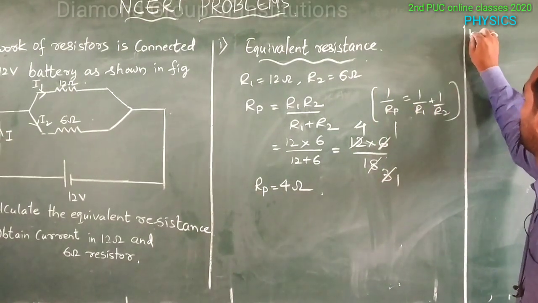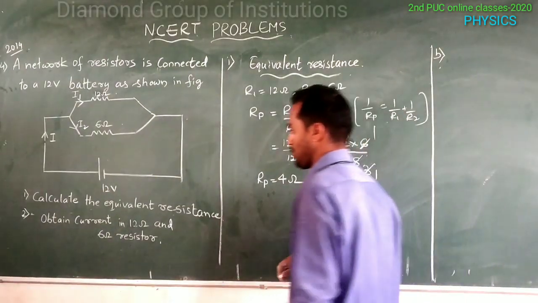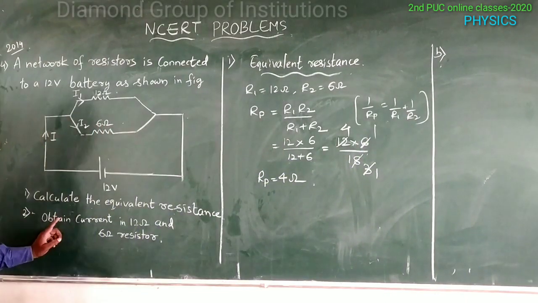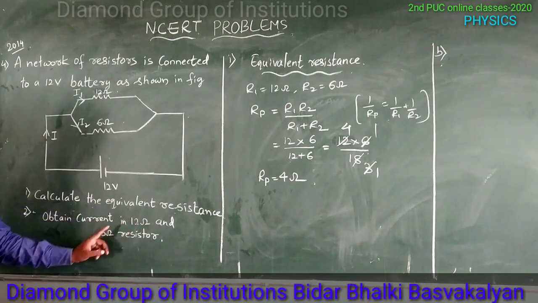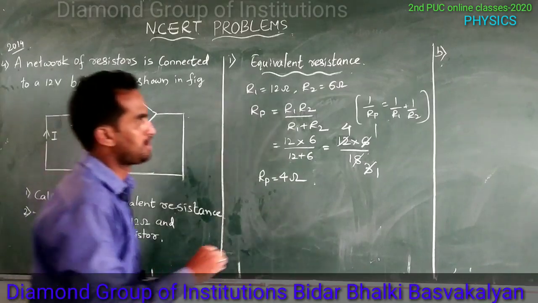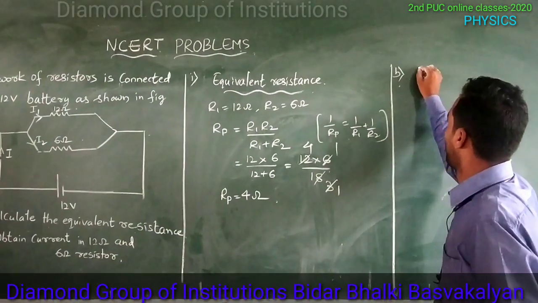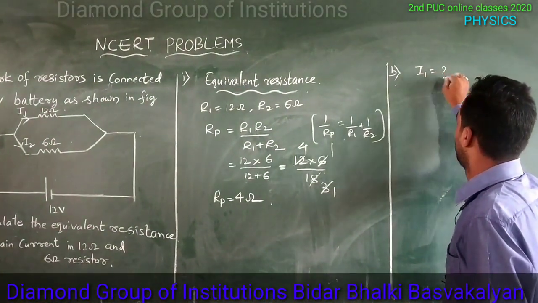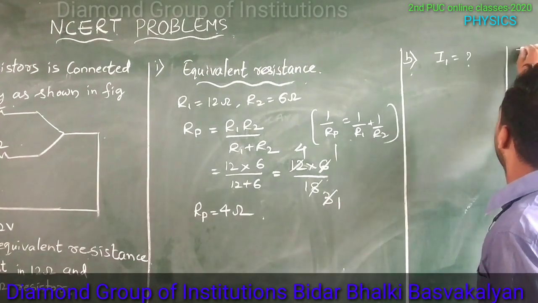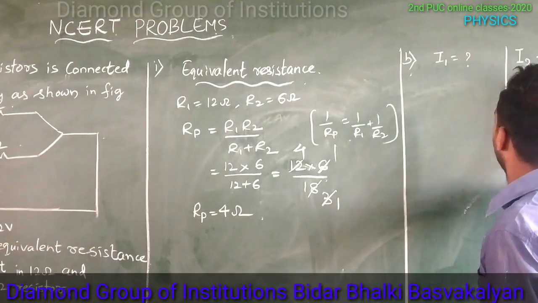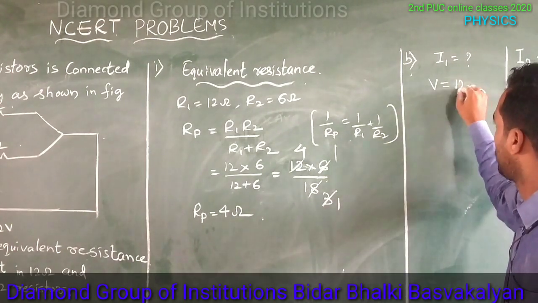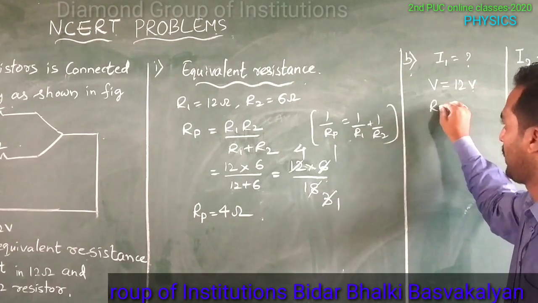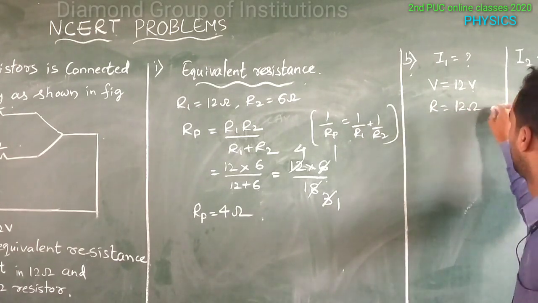Next, question number 2. What is the question number 2? Obtain the current through each resistor, that is 12 ohm as well as the 6 ohm. So the question mark is I1. What is the value of V here? 12 volt and R value is 12 ohm.